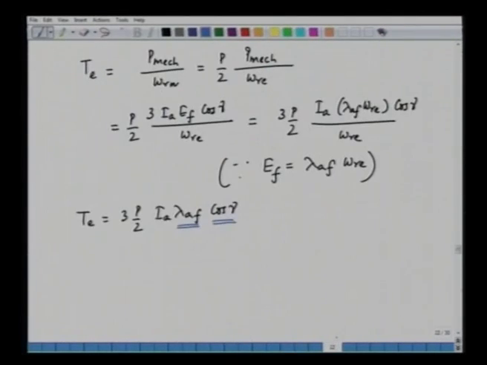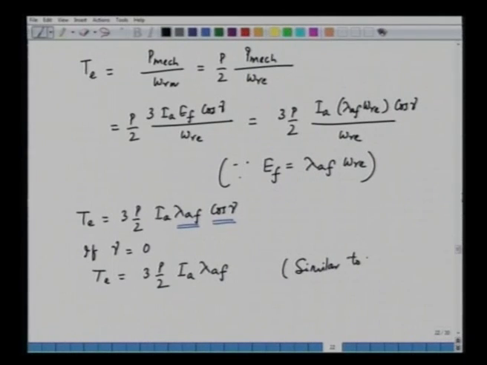So we can say here that if gamma equals 0, TE is equal to 3P by 2, these are constants, into IA into lambda AF.